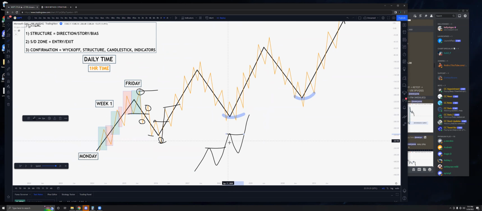And where do you want to buy when it runs up? Where do you want to buy calls since it's uptrending? Yeah, the new low, but the higher low. We don't want it to fall below here. We don't want it to break through. We want to see it run right back up.